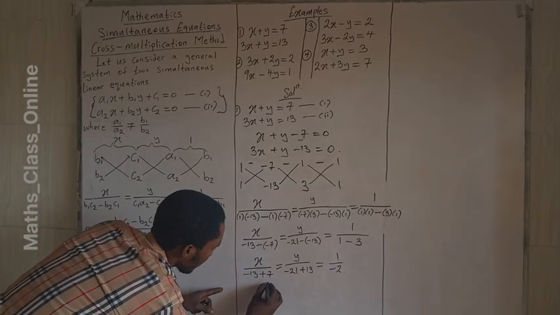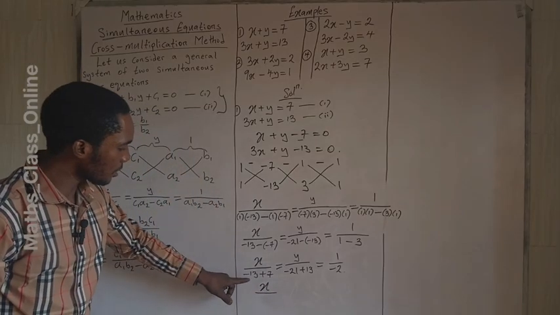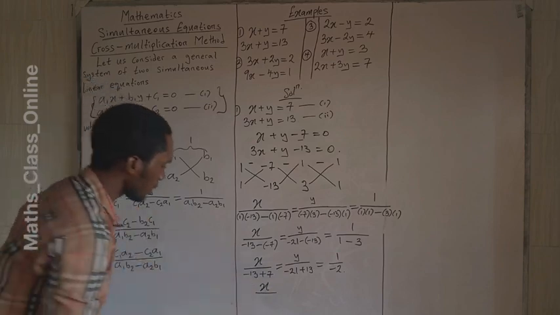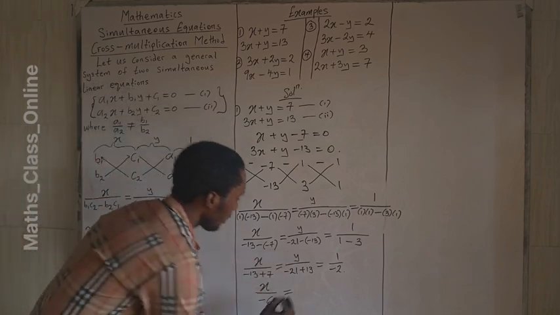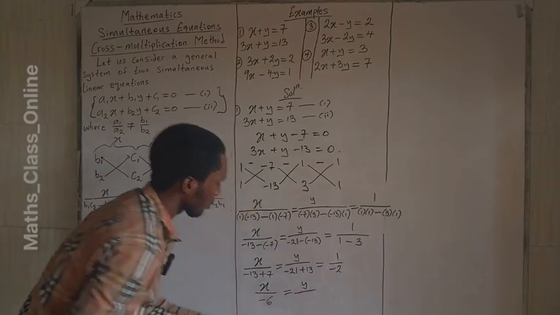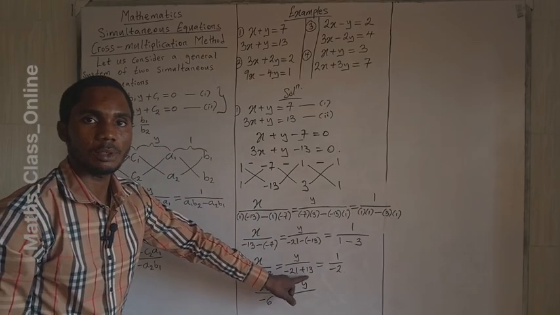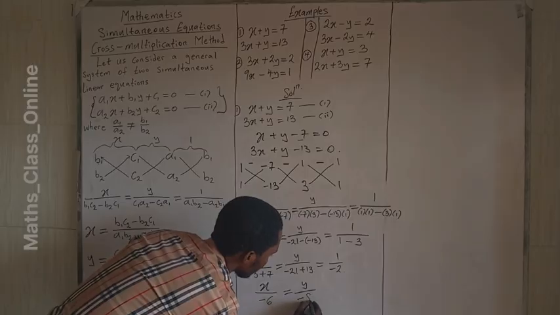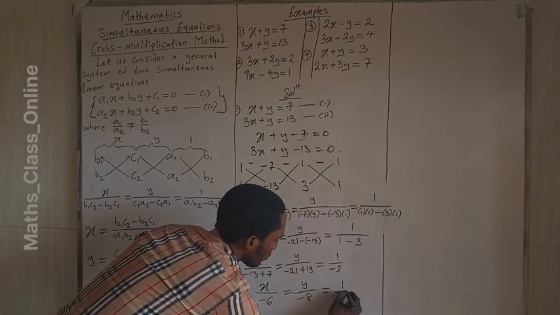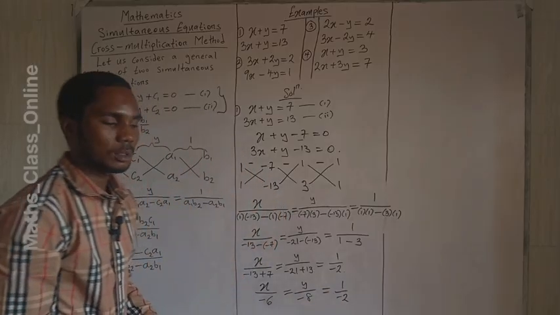We again have x over minus 13 plus 7, that is minus 6, equals y over minus 21 plus 13, that is what? Minus 8. This equals 1 over minus 2.